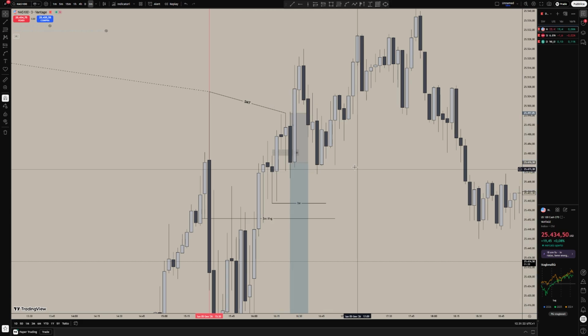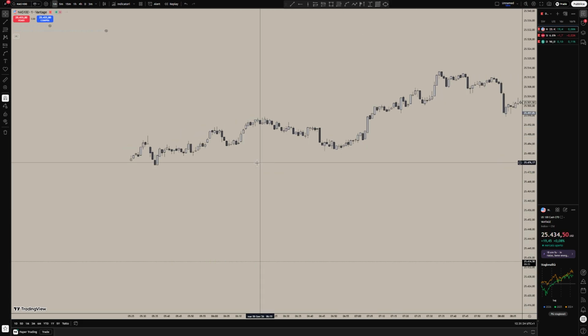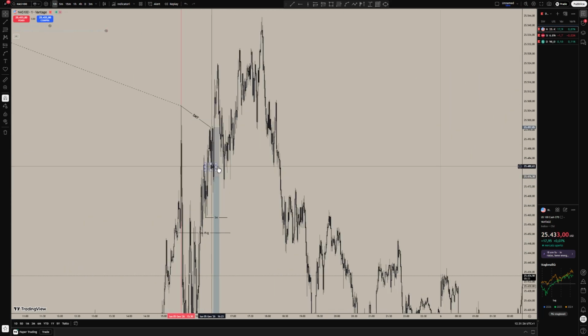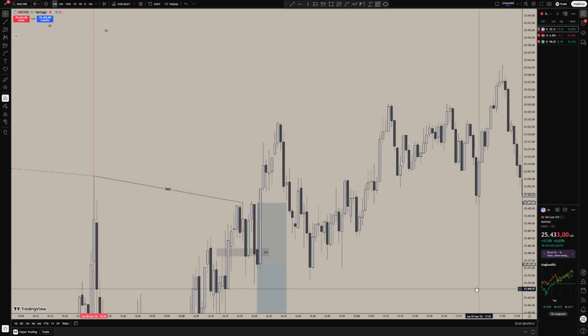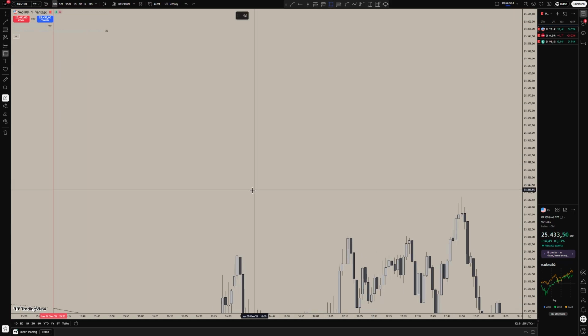I enter here. My stop was... I have a rule for the stop loss, which let me explain to you. If we have two candles, this is a bullish candle, and this is a bearish candle, right? Now I'm making it engulfing, but like this, and I want to take a short.